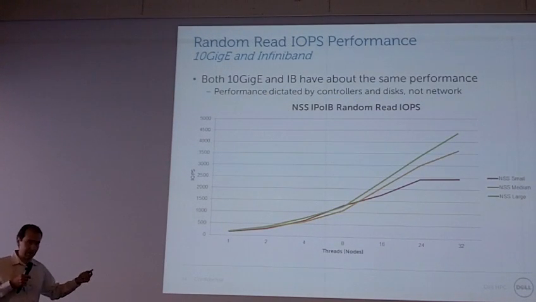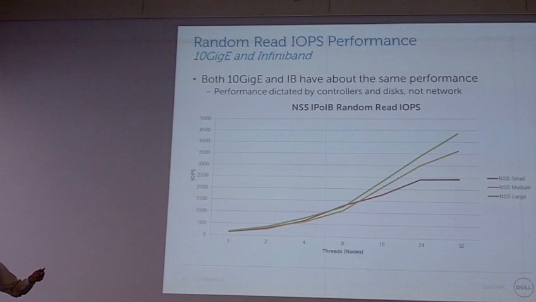We did similar studies with random workloads as well. With random workloads, we were using the 4 kilobyte request size. And the scaling was good. We actually started seeing different configurations differentiating around 24 nodes.